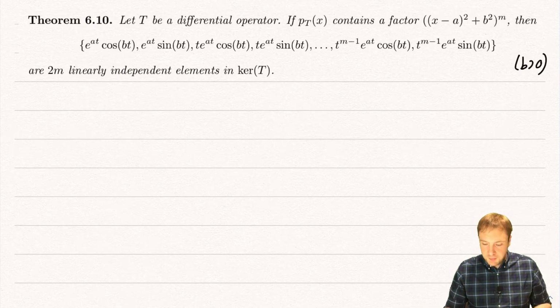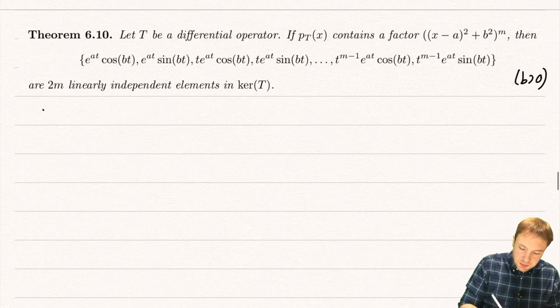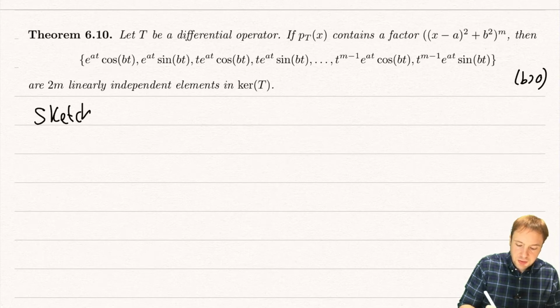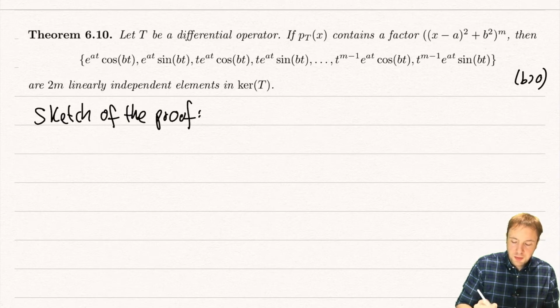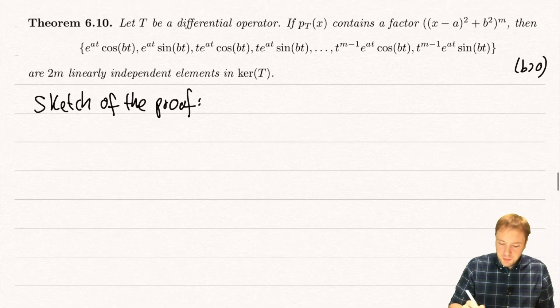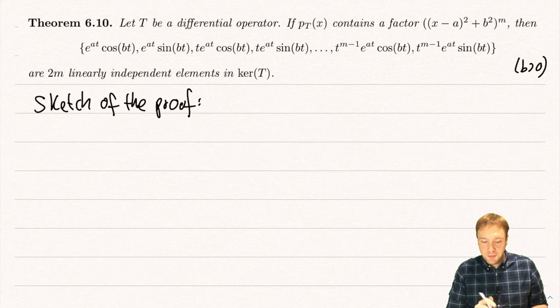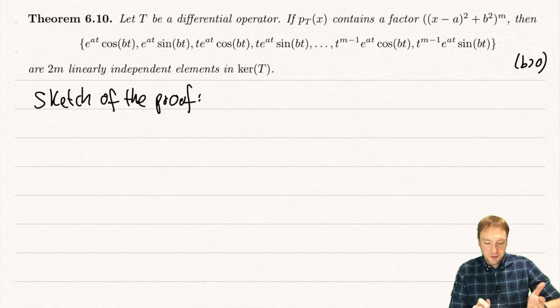So what is the idea behind this? Again, a sketch of the proof. Now we need to use complex numbers and then use the same argument as before.